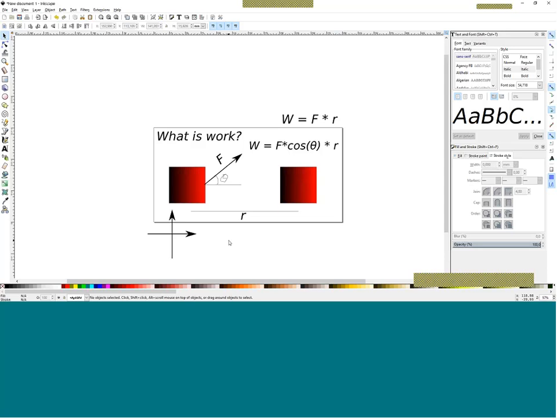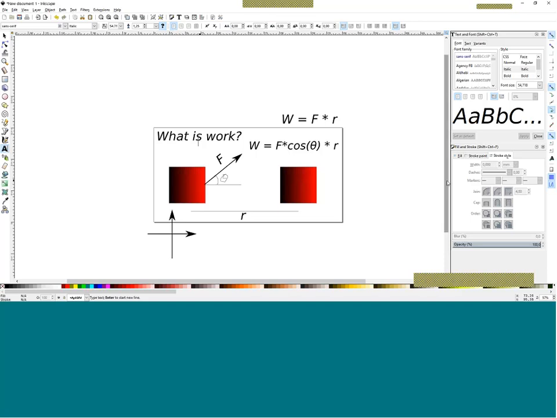I would like to rephrase that. We are only concerned with the component parallel to the direction of the motion. Work is first of all the distance. We know in the y direction there is none because the object has not moved in the vertical direction. Therefore, what we are concerned with is the component parallel to the direction of motion.